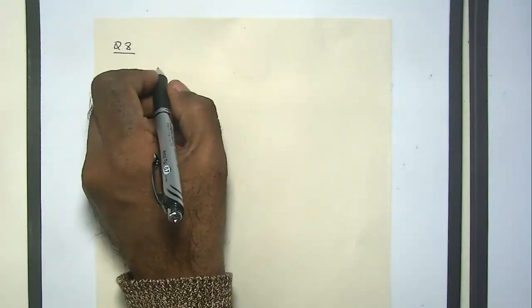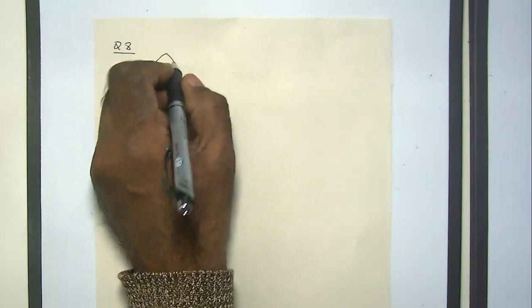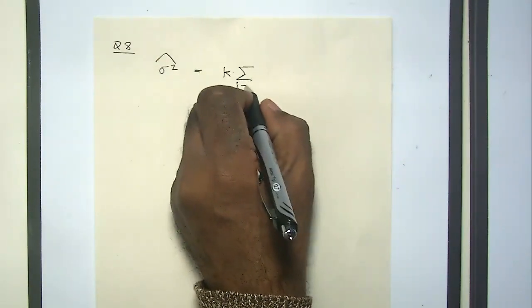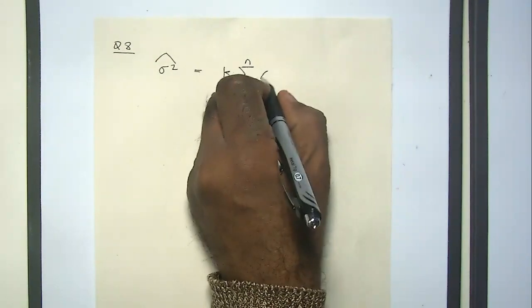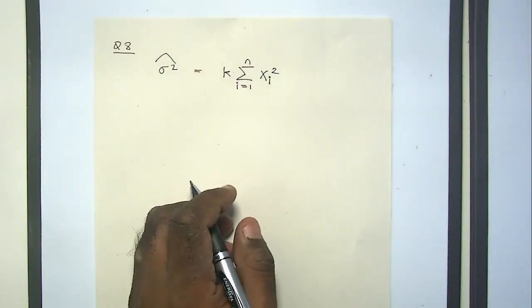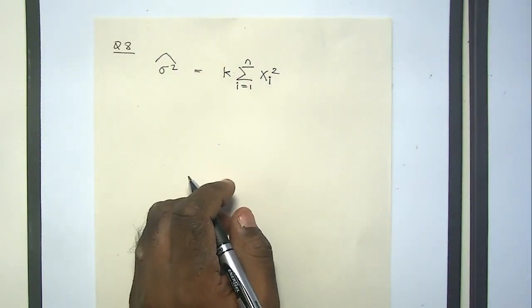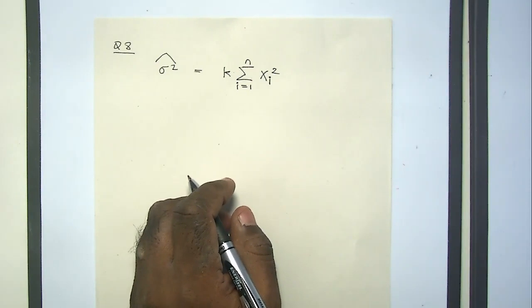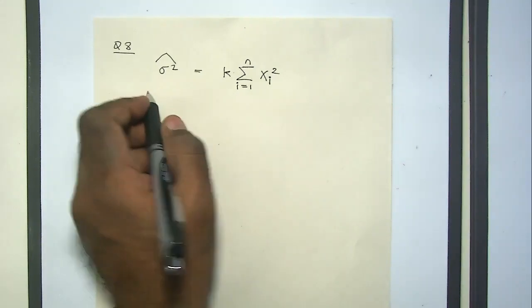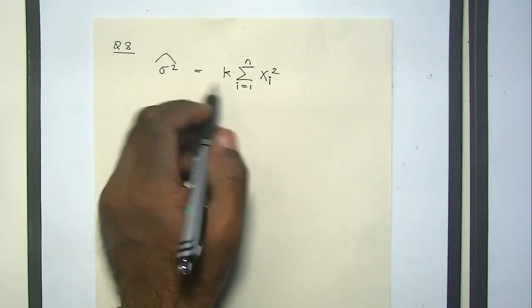You have sigma squared hat equal to k times the sum, and you're just told that you have a random sample from a population with mean 0 and unknown variance sigma squared, and this is the estimator for sigma squared, and we want to find the k so that it is unbiased.